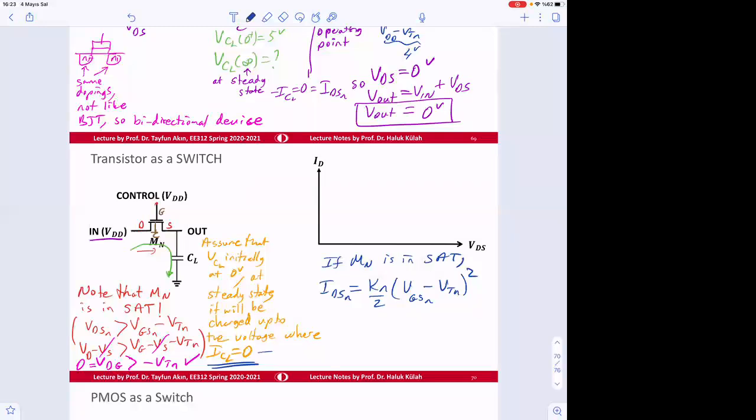Therefore, if this is the case, I drain to source is going to be equal to 0. So if this is 0, if IDS of n is also equal to 0, so what is V gate to source of n? Vtn.